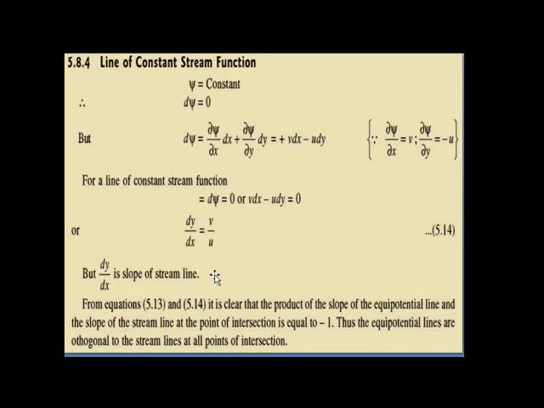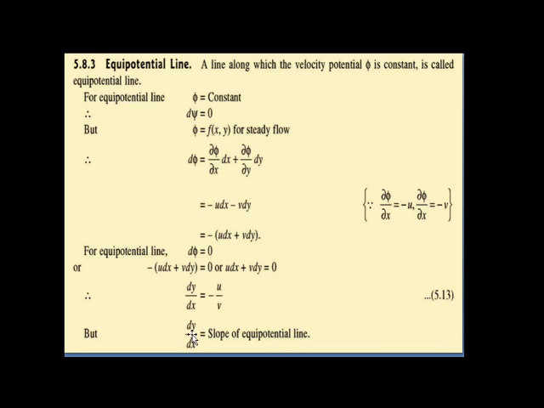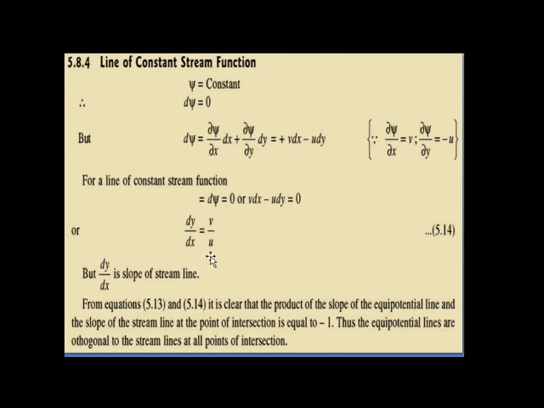Up to here we have seen the slope of the streamline and the slope of the equipotential line. From these two equations, the slope of the equipotential line is dy by dx equal to minus u upon v, and the slope of the line of constant stream function is v upon u.